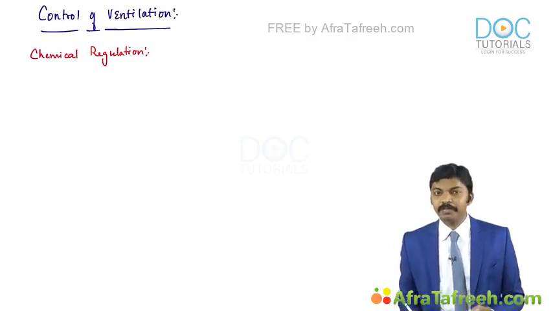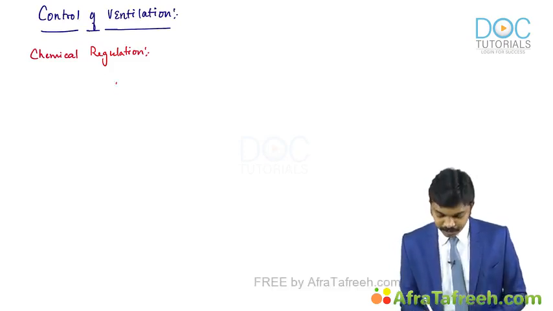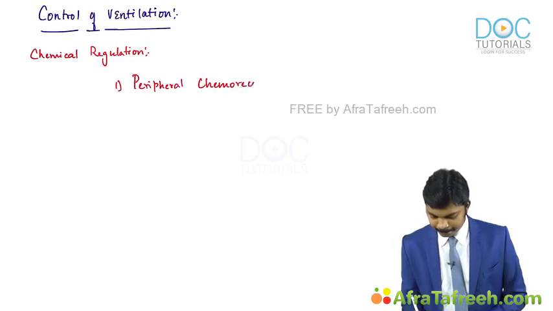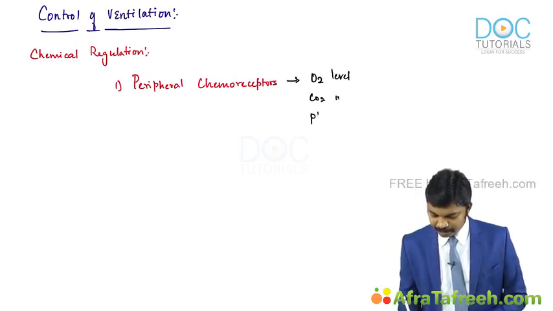We have chemoreceptors located at two regions. Number one is peripheral chemoreceptors, which, as I just told you, sense oxygen levels, carbon dioxide level and pH level of arterial blood.